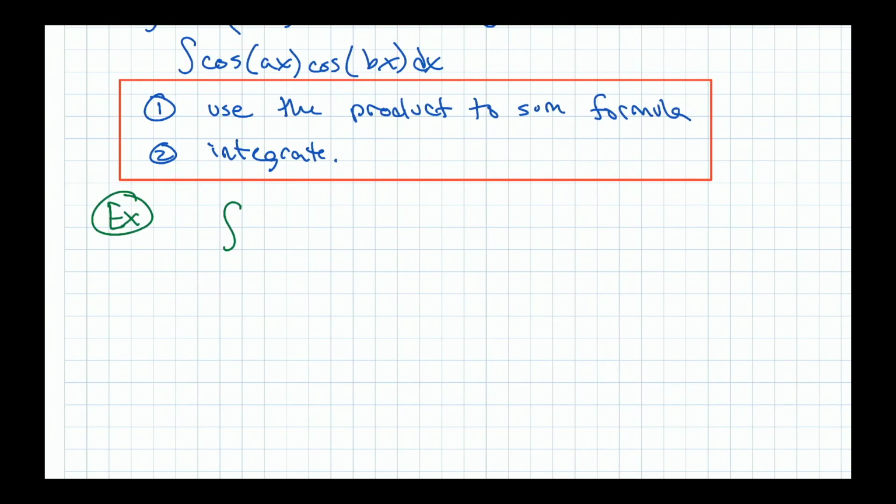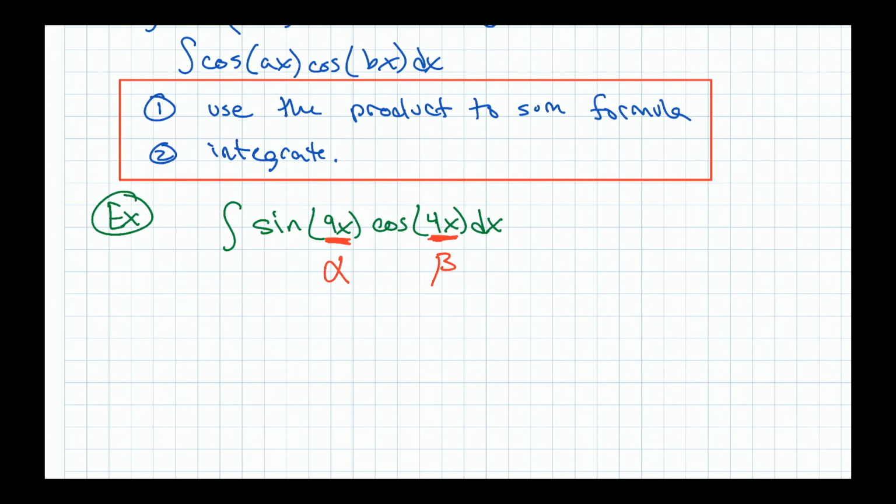So let's do an integral of, it doesn't even matter, let's do sine 9x times cosine 4x dx. Okay, so all you're doing on these is thinking of this right here as being your alpha, and this right here as being your beta.